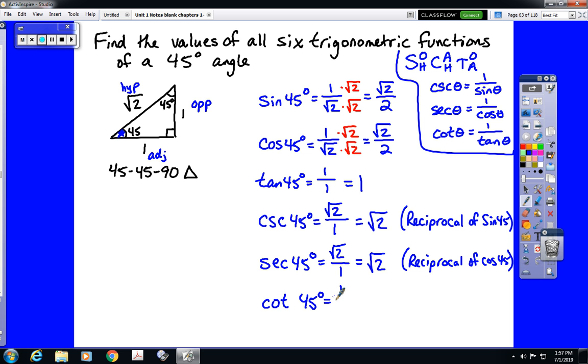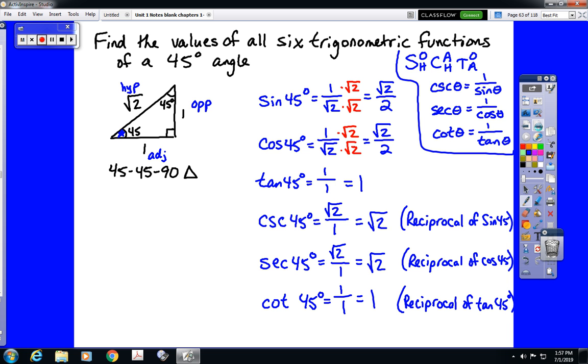And finally, cotangent, well, when we take the reciprocal of tangent, we flip 1 over 1, that's still 1 over 1. So the cotangent of 45 is also 1. That is the reciprocal of the tangent of 45 degrees. So there's your 6 values for a 45-degree angle.